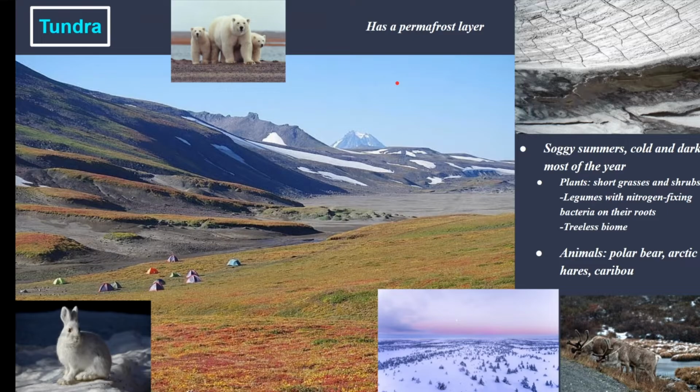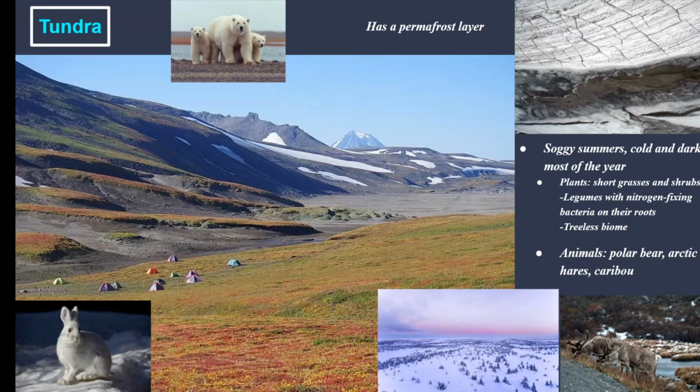Onto tundra, which could also be called the polar biome. It has a permafrost layer, meaning that there is a layer where it has ice all year round. The ice never melts. The summers are soggy because of this. Because of the ice, some of it will melt during the summer, and it will stay cold and dark most of the year, which tells us that most of the time, because of how it is rotated at either pole, it does not get a normal 24-hour day and night cycle.